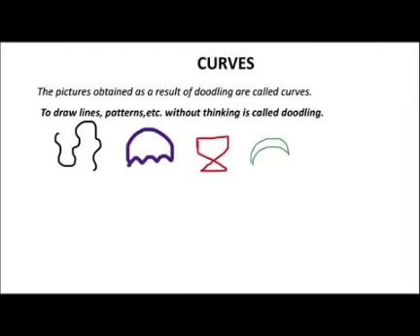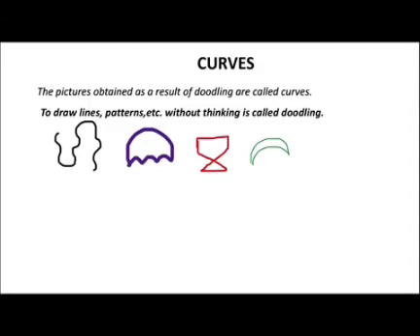Now in curves, you have open curves and closed curves, or open figures and closed figures. Now let's see what open figures are and then what closed figures are. What do you think open figures are? Have you drawn open figures any time? On the screen you can see the first one is open. What do we mean?